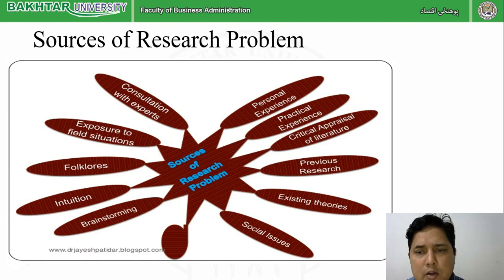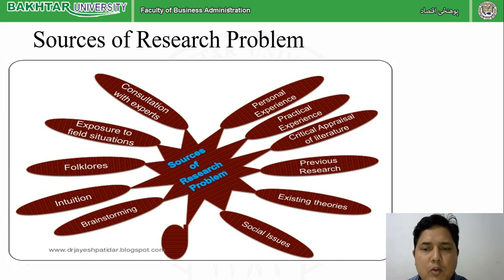I want to find out whether my idea is wrong or right, whether the person who has published these things is right or wrong. So I will give a critical appraisal of literature with the help of research. That is my problem. I want to find out that my idea, my experience or my view on this thing does not match the literature, so I will go into that one.